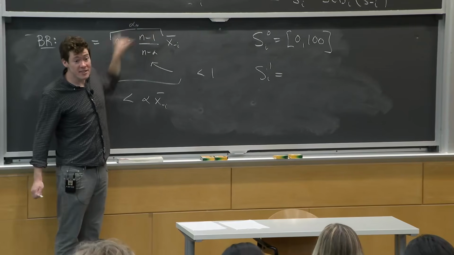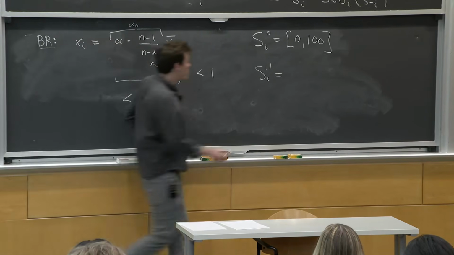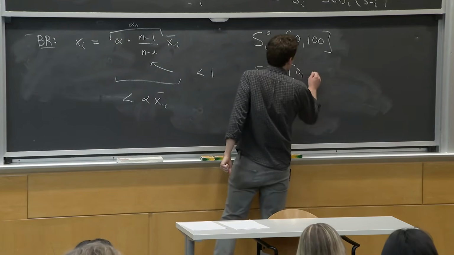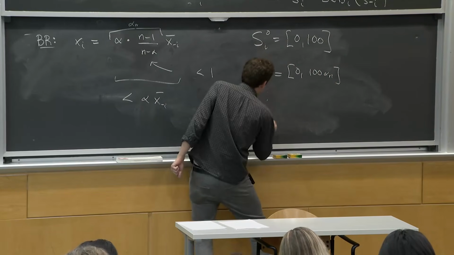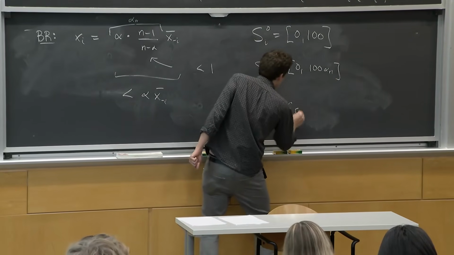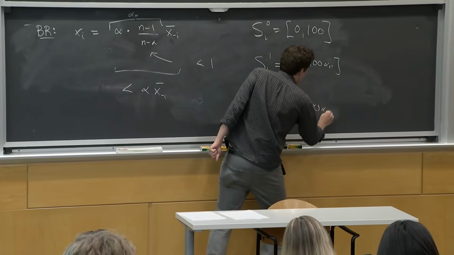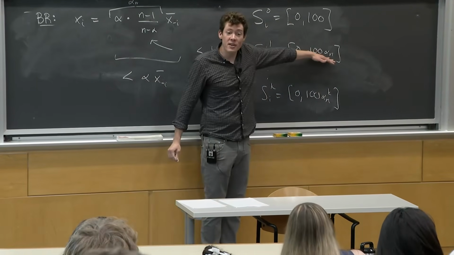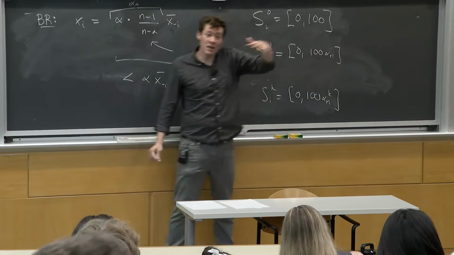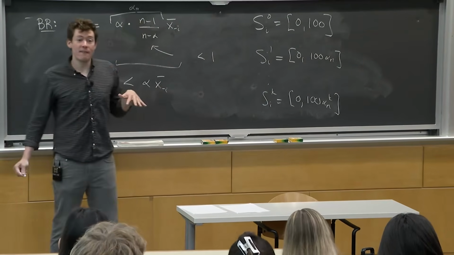The lowest I'd want to guess is 0, if everyone else guesses 0. So we're going to get 0 to 100 alpha n. And you can see the pattern. Si to the k is going to be 0 to 100 times alpha n to the k. Because each time, if I know that my opponents are only guessing up to 100 times alpha n, I want to take that and multiply it by alpha n again.